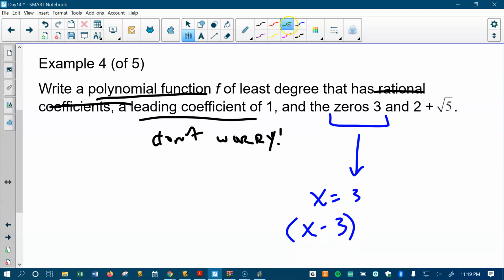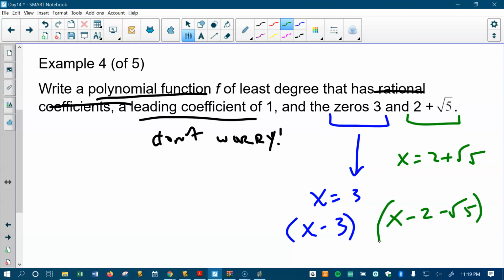Now we have this part, 2 plus root 5. Ugh. So that means x is equal to 2 plus root 5, or it means that it's x minus 2 minus root 5. Here's the thing.